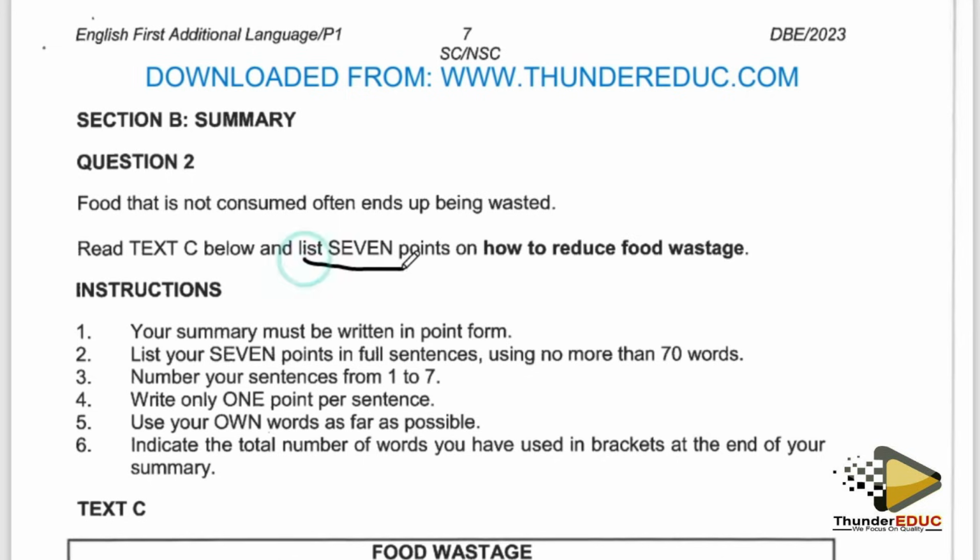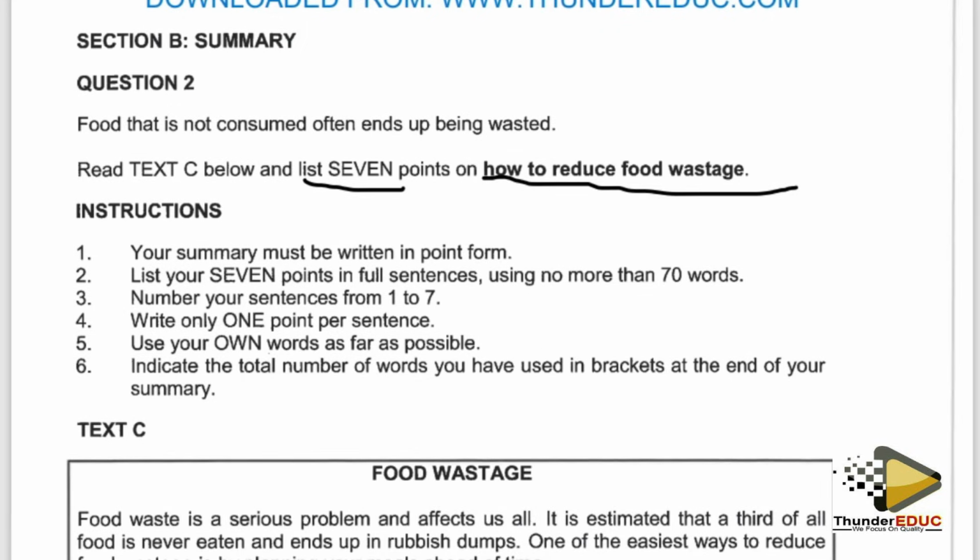There's our key on how to reduce food wastage. The requirements of your question will always be highlighted so that you are not going to focus on anything else. You are only going to focus on how to reduce food wastage. So please, anything that is not giving you a method of how to reduce food wastage must not be included in your answer. Right, those are our instructions.